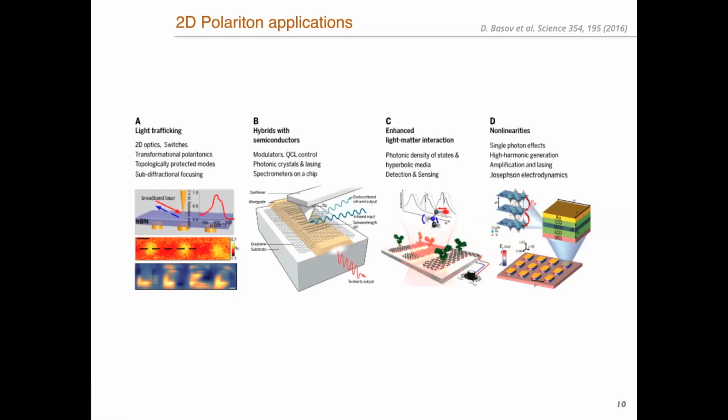If we can confine or reduce the wavelength of the emitted light to a smaller and smaller volume, close to the size of the emitter, we can achieve new regimes of light-matter interaction that would make, for example, two-photon emission more probable, or at least as probable as single photon emission. And this is very interesting for all kinds of applications.